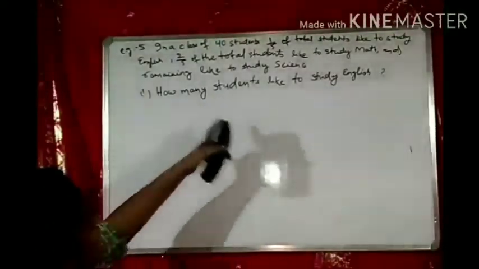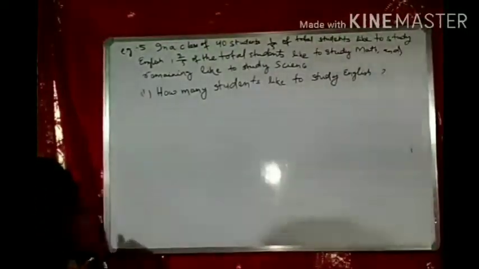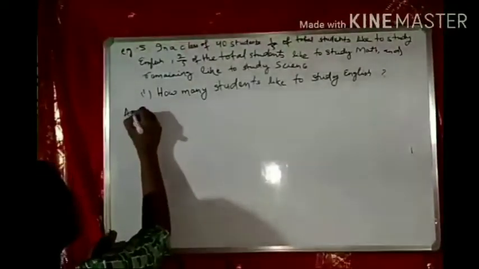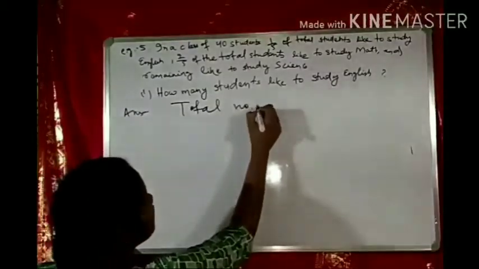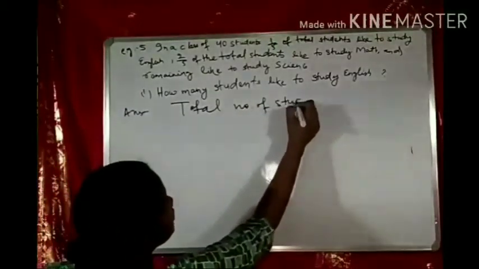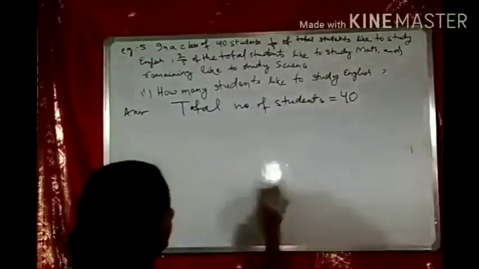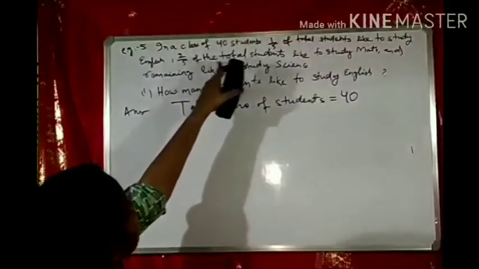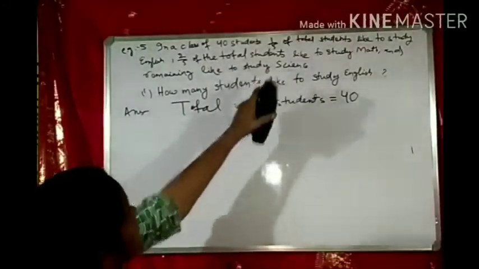Like that we have to find out. So first we will find out how many students like to study English. So the answer is what? Total number of students equals how much? 40. So what fraction of students like to study English? 1 by 5.